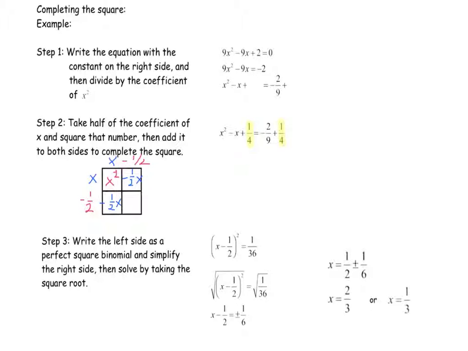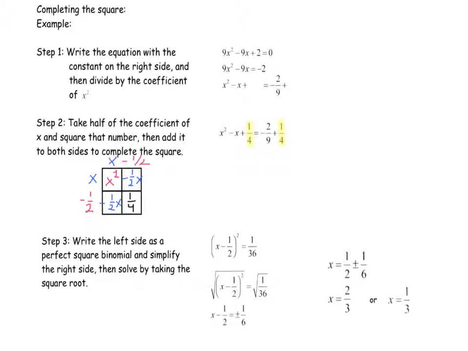And the blank areas, what I'm trying to find right here, will come from the box right here, which is the number that completes the square. So if I have -1/2 times -1/2, that will give me 1/4. And as you can see, those are the numbers I had filled in over here.